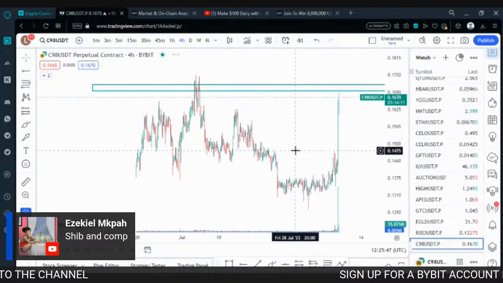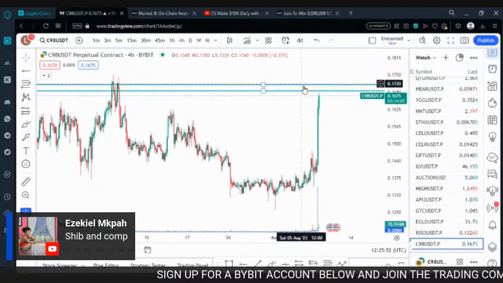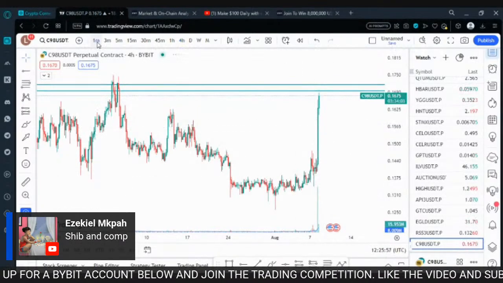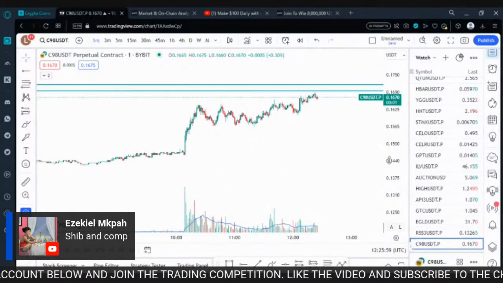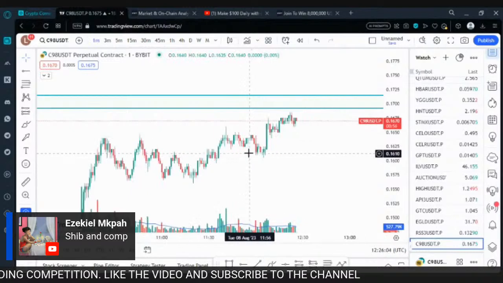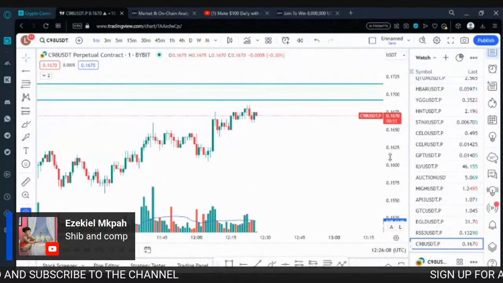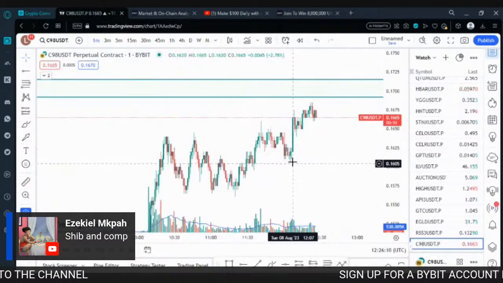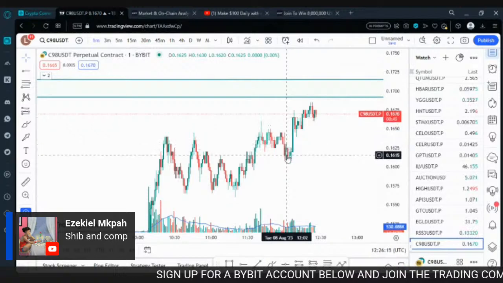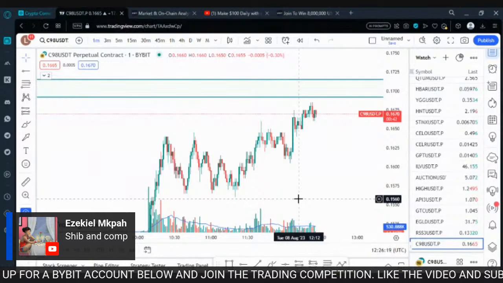I still want to short the C98. Let's see how that plays out. Any other token you want me to look at? I still want to enter this trade, so let me see how it works out.